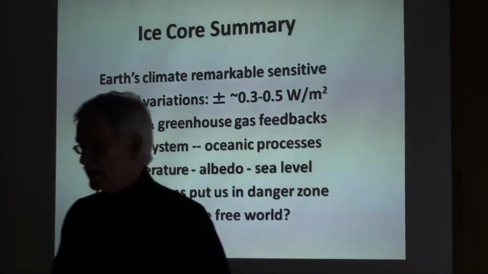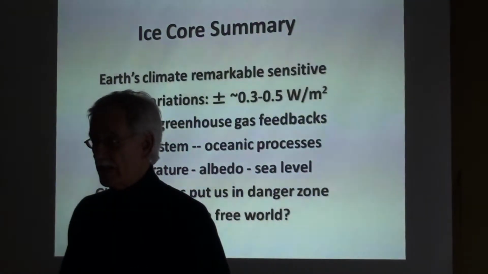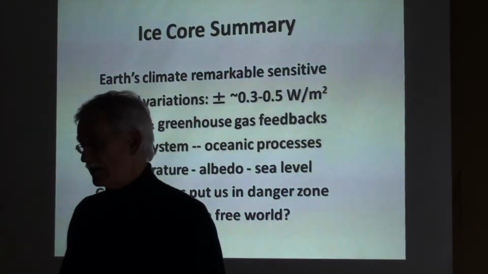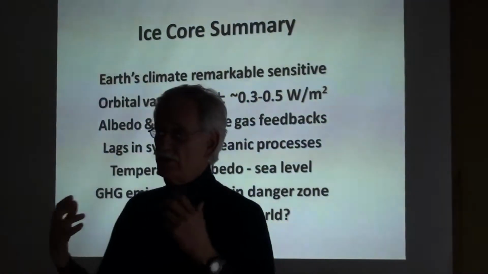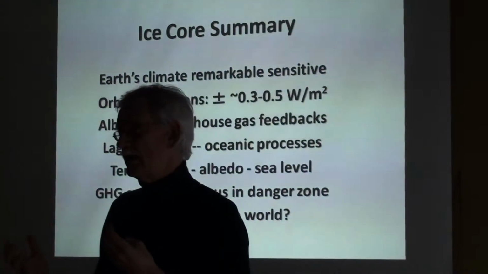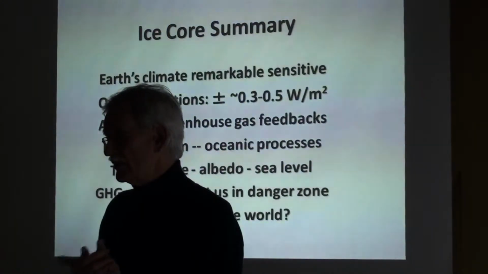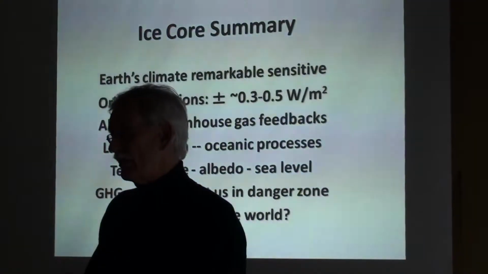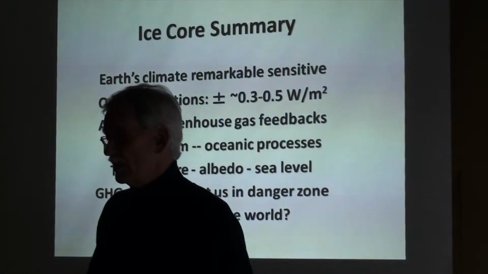So the summary of this is we conclude that our climate system is very stable and has been remarkably stable, at least for the past 1 or 2 million years, that the glacial onset and the interglacials are set in motion by orbital dynamics. These 3 orbital dynamics interact with periodicities of about 100,000 years.